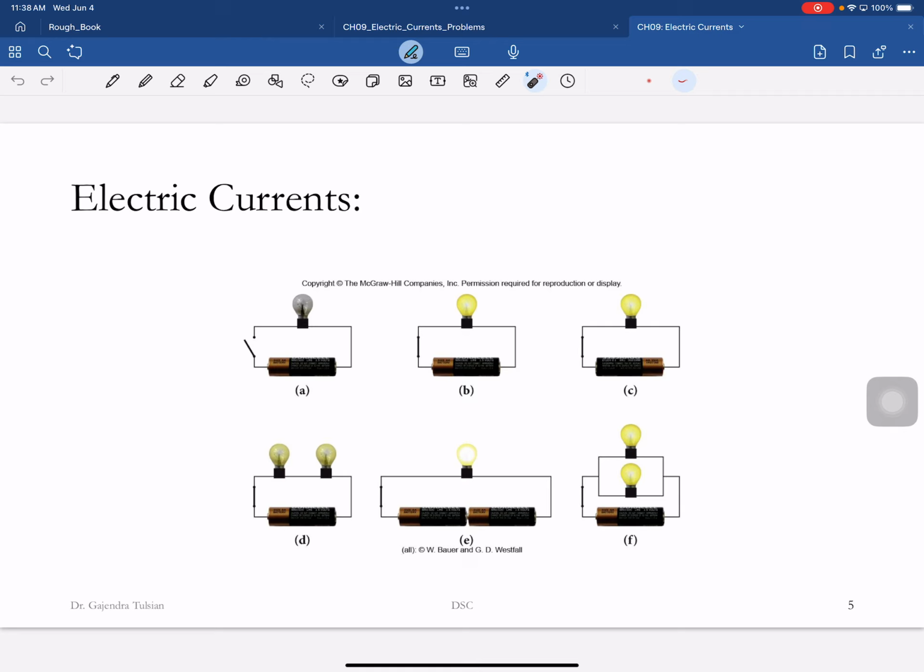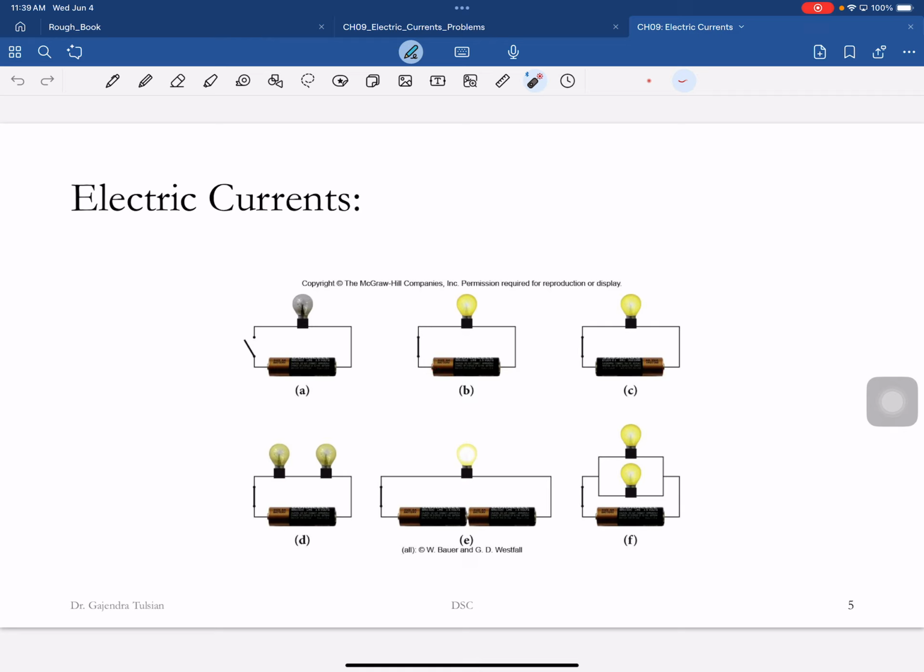Right, so when the electrons bump into the tungsten atoms, they excite the tungsten atoms, which when they de-excite, emit light. Anyway, you close the switch and the current flows and the bulb glows. This is a positive terminal, so the current is flowing in this direction.